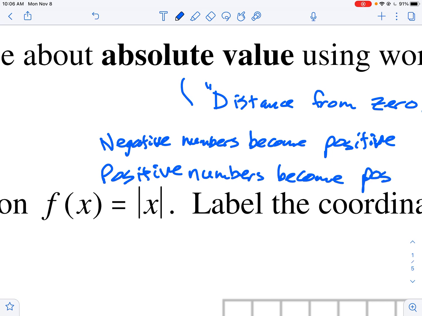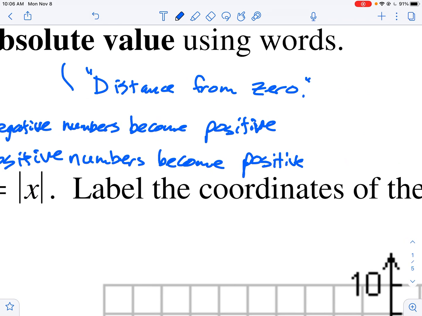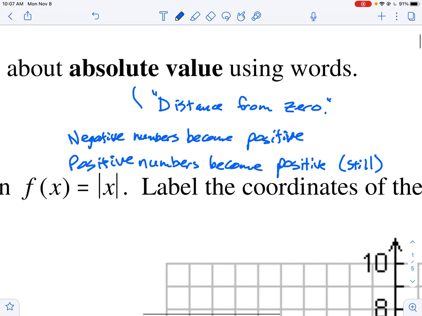It doesn't switch signs, it just makes things positive, and that's because distance is a positive amount. So negative numbers become positive, and positive numbers stay positive.